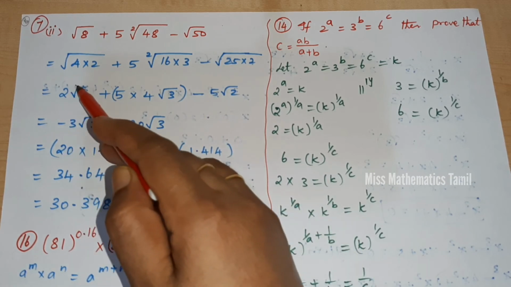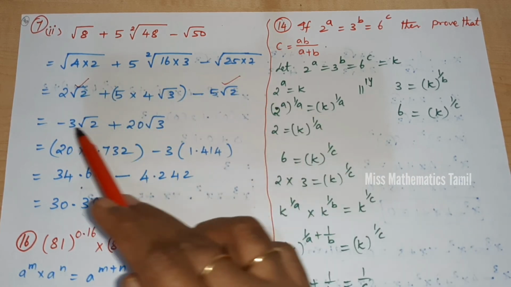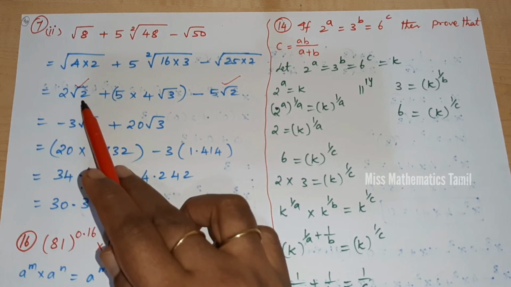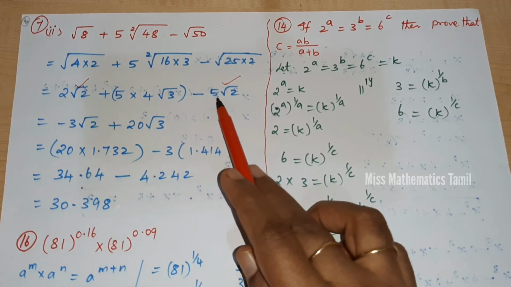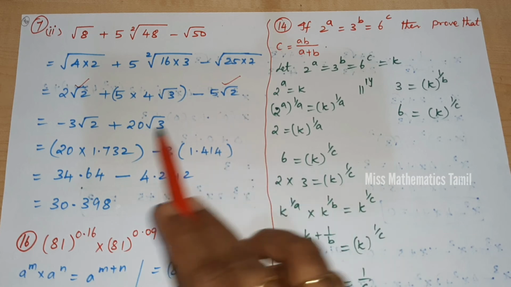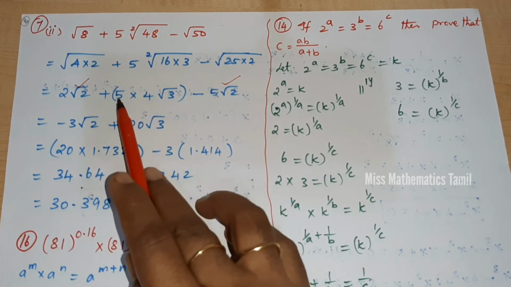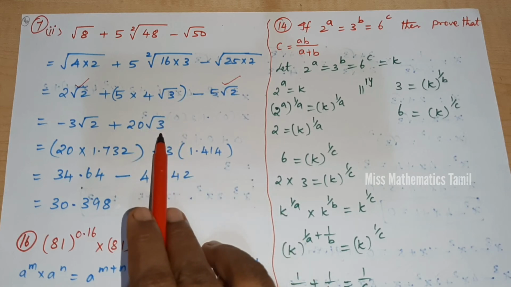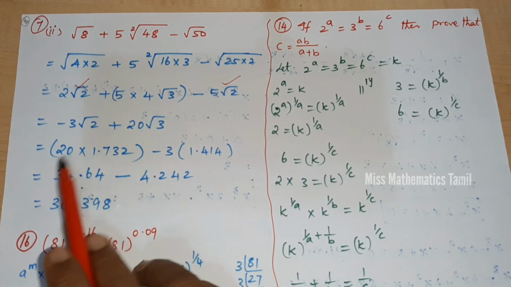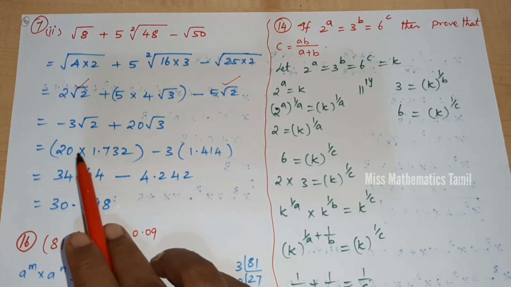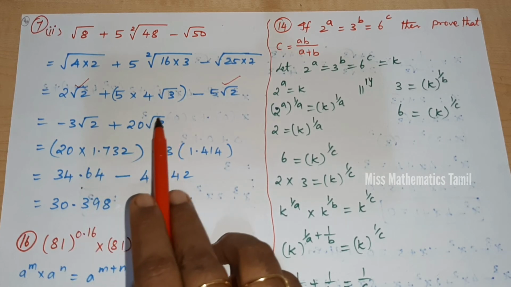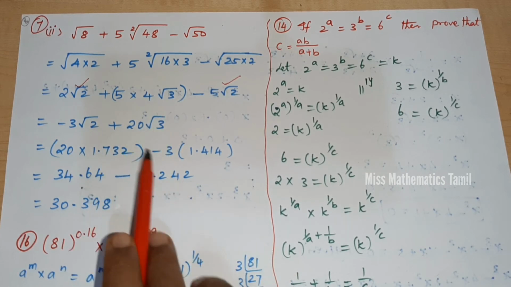Here you can subtract, because here 2 root 2, here minus 5 root 2. So minus 3 root 2 will come. Plus 5 into 4, 20 root 3. Got it? Next, 20 into, what is the value of root 3? 1.732.